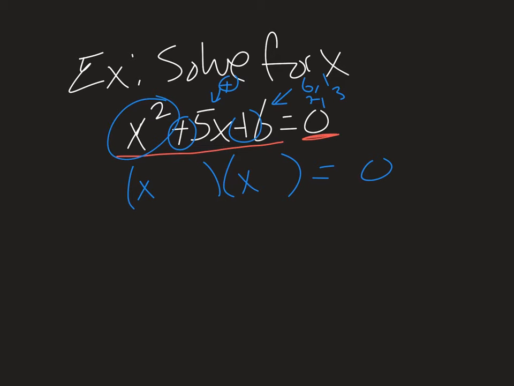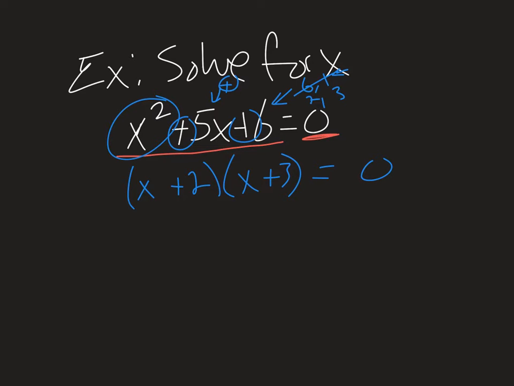So I could get to 5 with 6 and 1, however, one of them would have to be negative to make it happen, and then that would result in a negative 6. So the 6 and 1 are not going to work in this case. The 2 and the 3 are. 2 times 3 makes 6. Positive 2 plus a positive 3 makes a positive 5x. So x plus 2, x plus 3. In this case, it wouldn't so much matter what order you have them in because they're both positive.